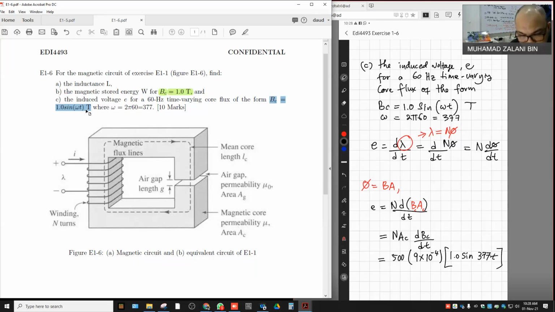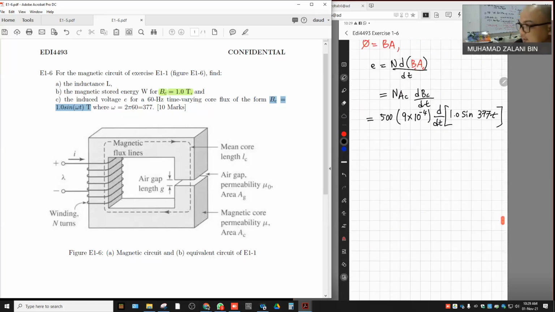So this is actually the rate of change of BC, d dt of BC.